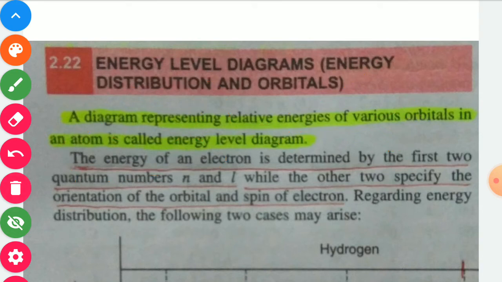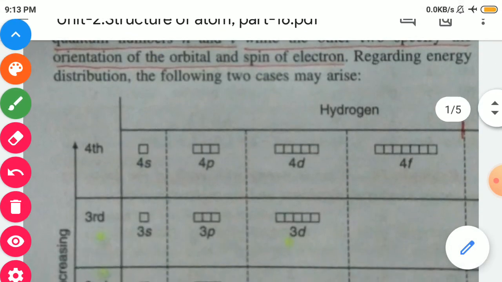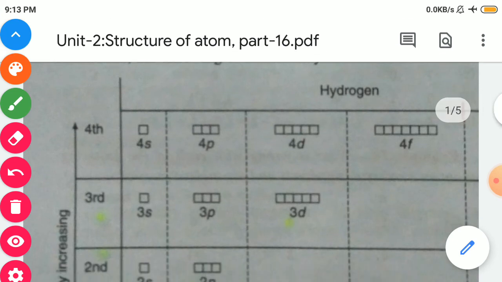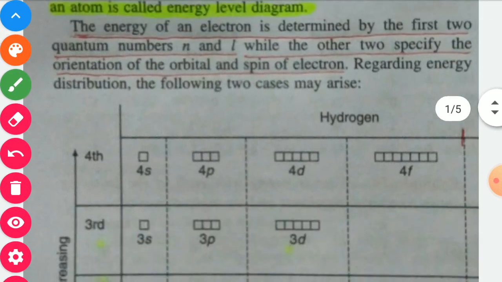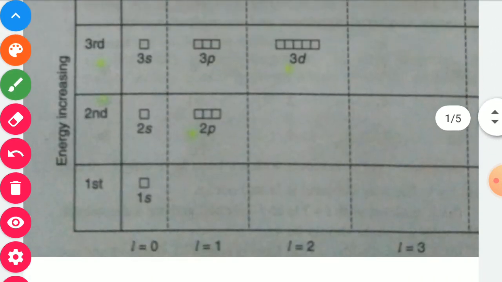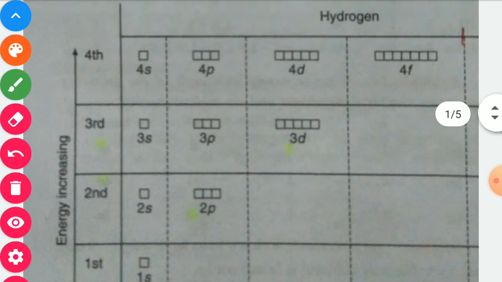So here, this diagram is related to hydrogen. In this one, different shells are given: first shell, second shell, third shell, fourth shell.